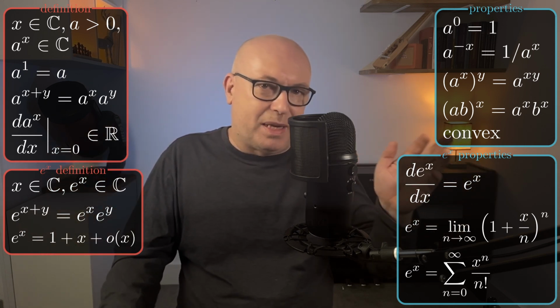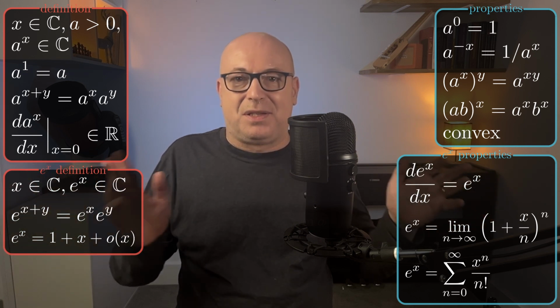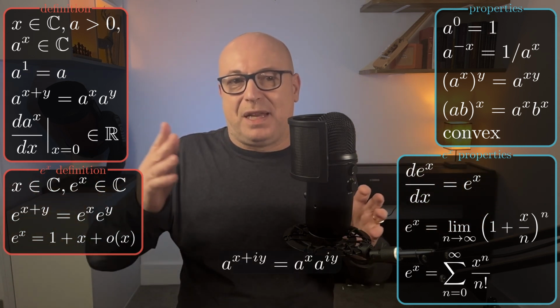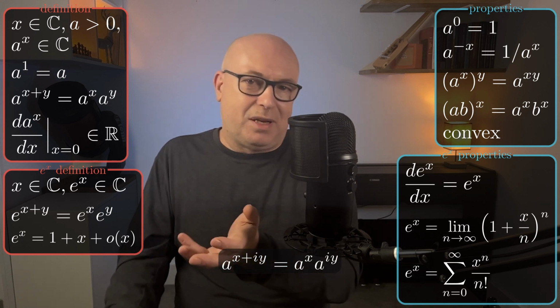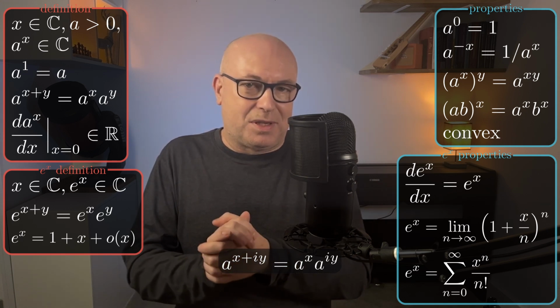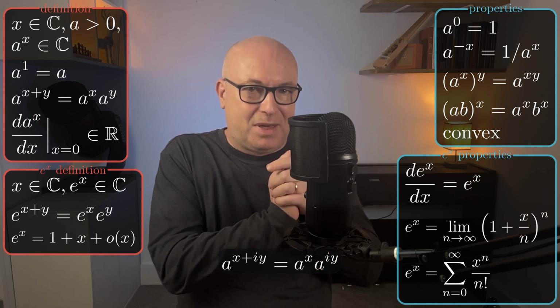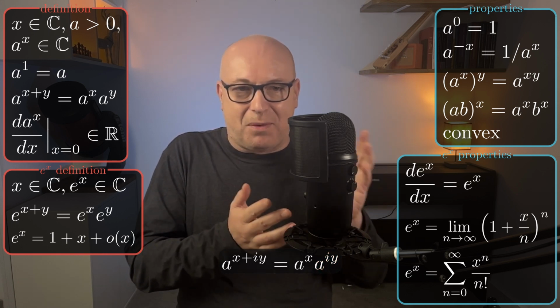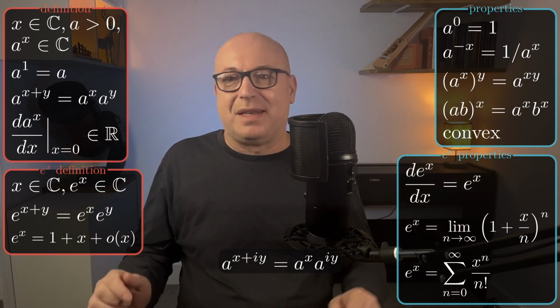So a complex exponent can be written as x plus iy. So the exponential is just the product of exponentials with real and imaginary exponents. And we already know what it looks like with real exponents, so only the imaginary case needs to be described. And looking at a to the power of iy, this takes us full circle back to Euler's famous identity.